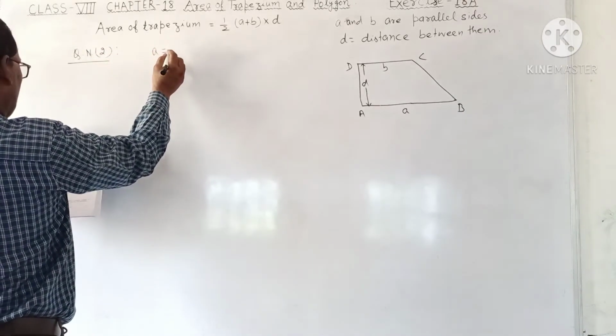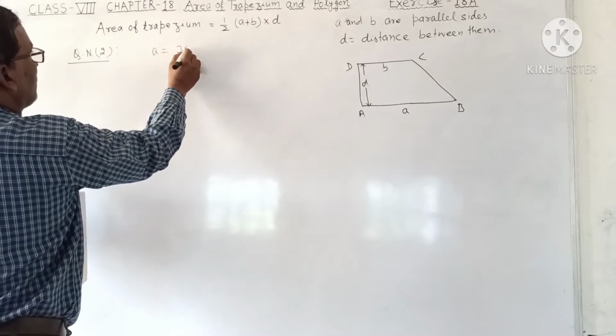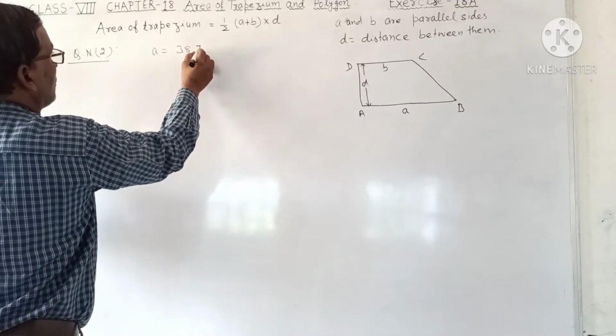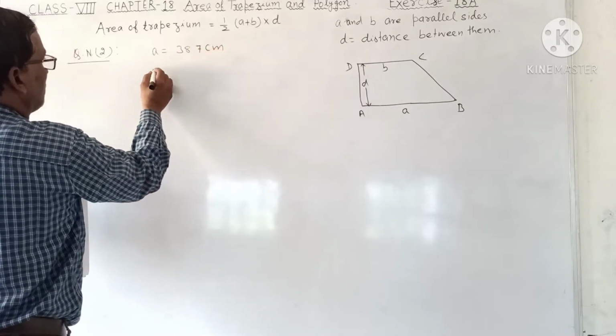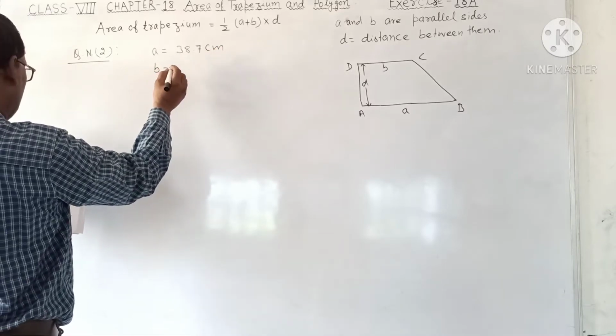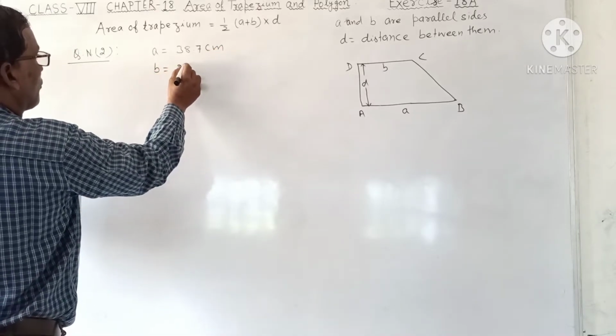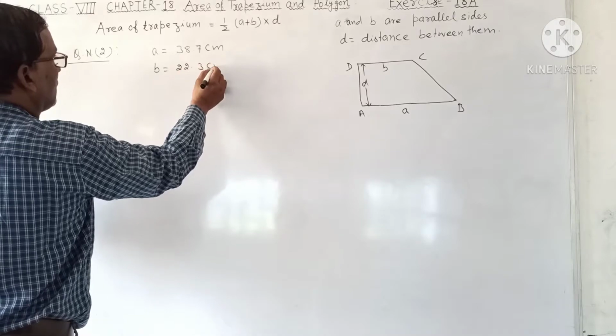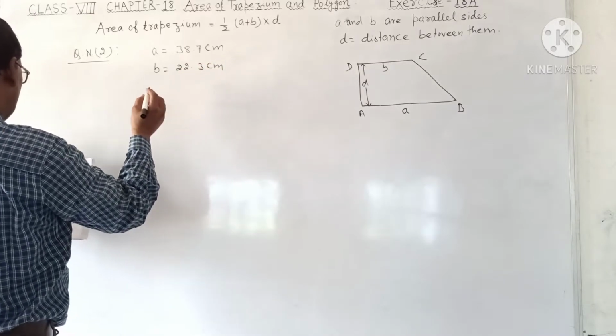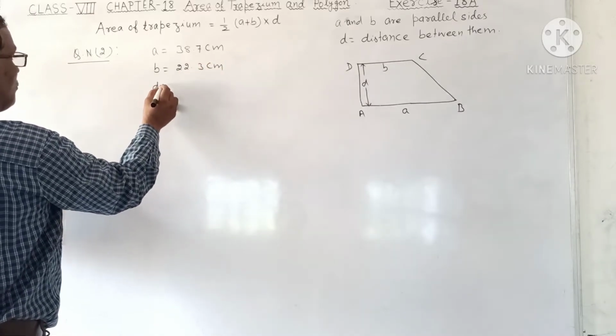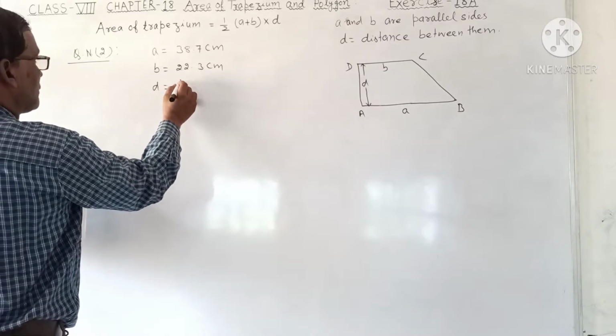A equal to 38.7 centimeter, B equal to 22.3 centimeter and D equal to 16 centimeter.